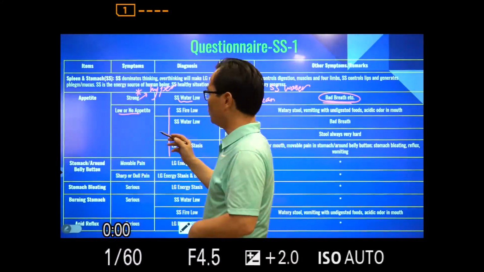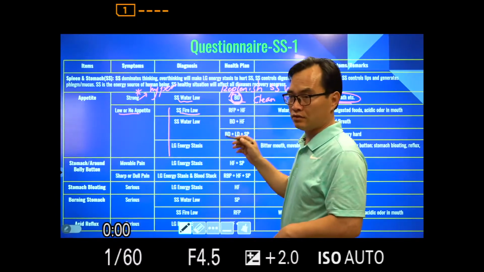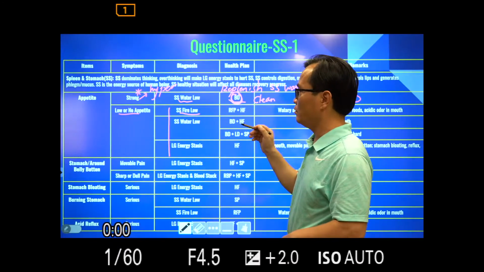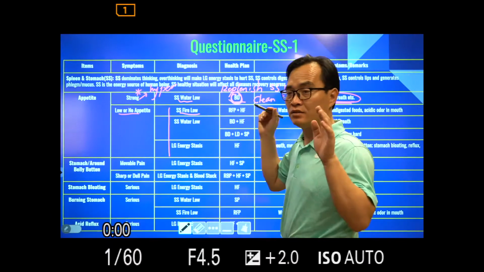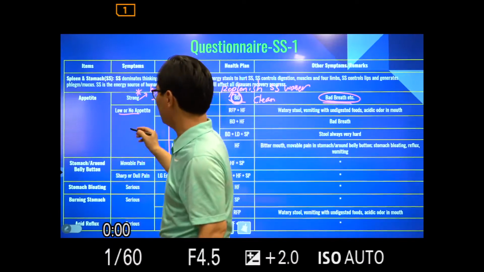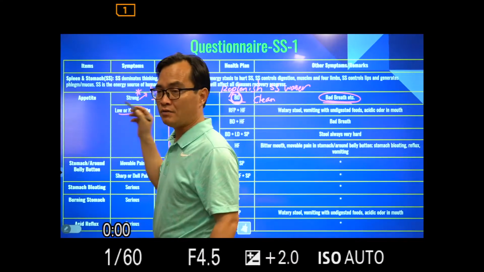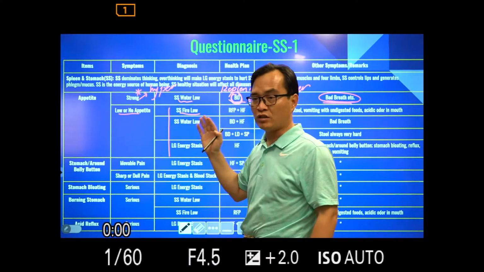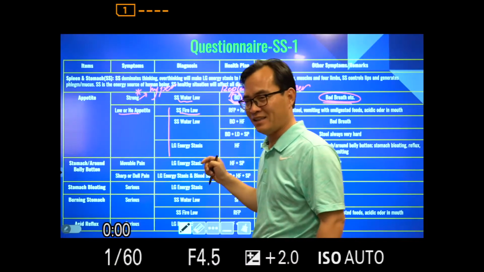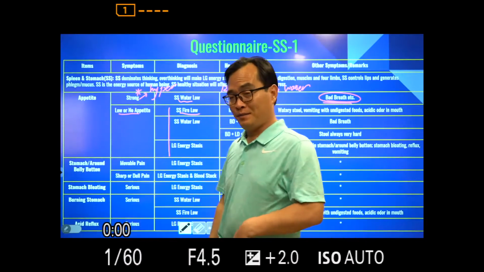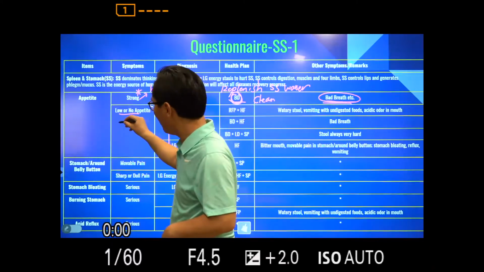So the low or no appetite could come from SS fire energy low. Okay, SS fire energy low, people have low or no appetite. It's very easy to understand. This means the appetite is one function of the SS system. Right now, this function is weak, low, or no function. So this function is at the hypo level.